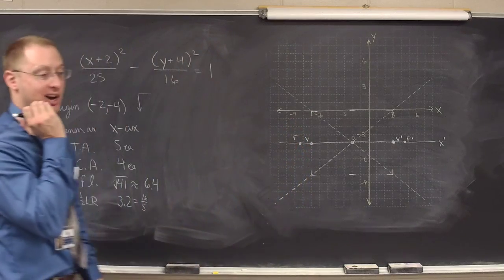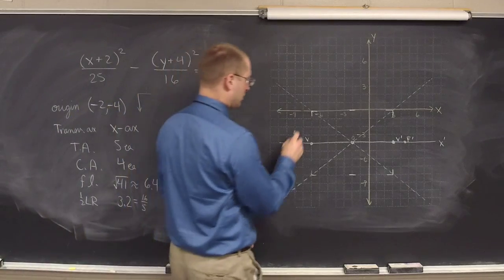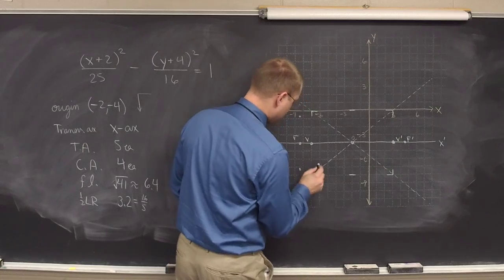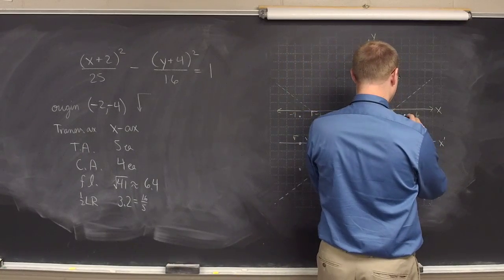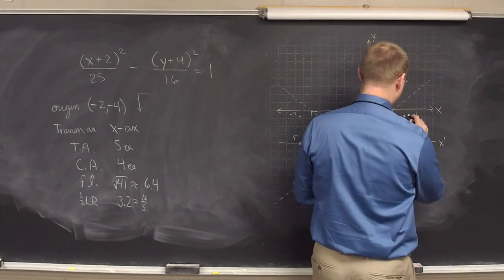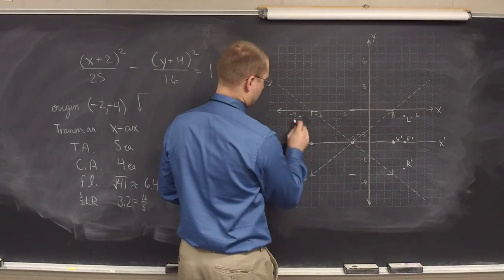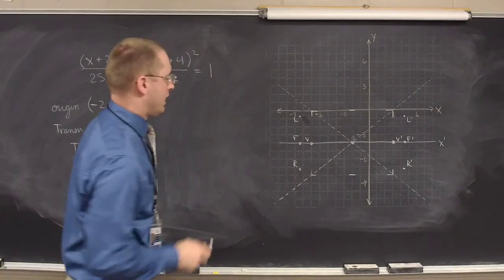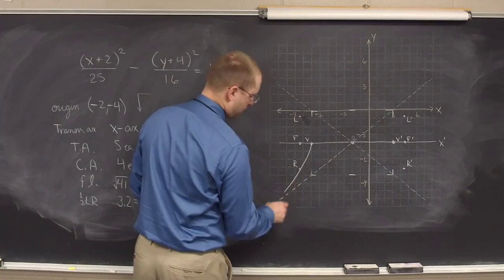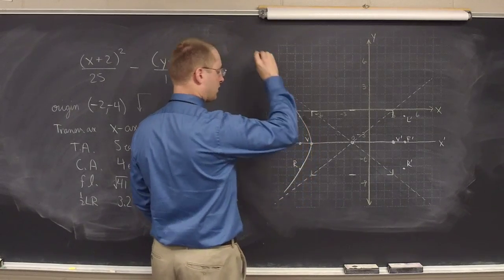And then from there, up and down 3.2, the endpoints of the latera recta. And then from there, again, from the vertex, curve your way through.